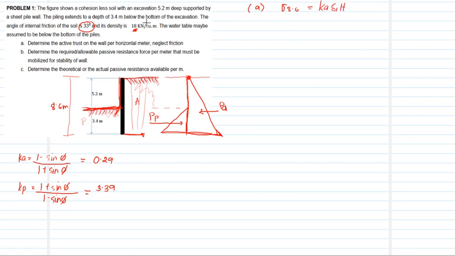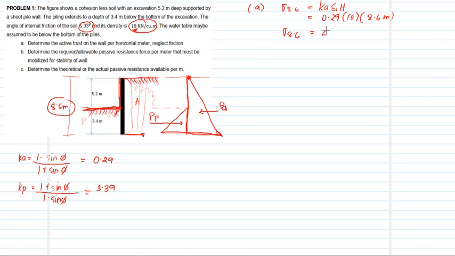So, meron tayong density that is equal to 18 kilonewton per cubic meter, and meron tayong height which is equal to 8.6. So, solving for our value here, we have 0.29 multiplied by 18 kilonewton per cubic meter, multiplied by the height, which is 8.6 meter. So, yung pressure natin at 8.6 is equal to 44.89.